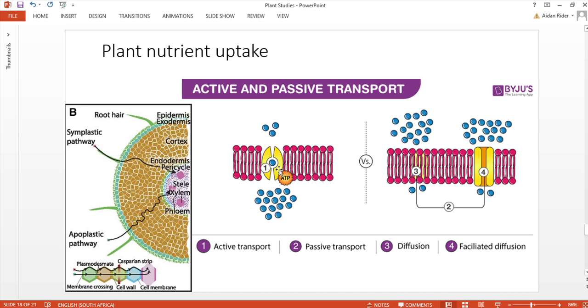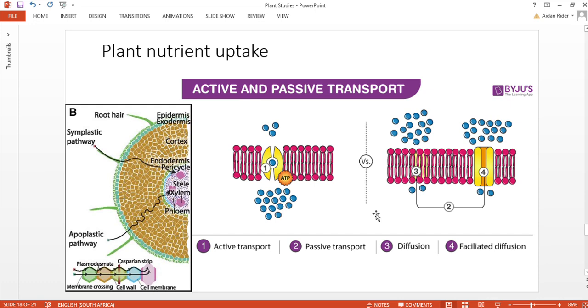As soon as the ATP binds, the carrier molecule opens on this side and deposits the mineral that was outside on the inside of the plant. So let's say it was calcium. Calcium comes and binds, ATP binds, and it opens and lets calcium through and deposits calcium on the inside of the plant, with energy.